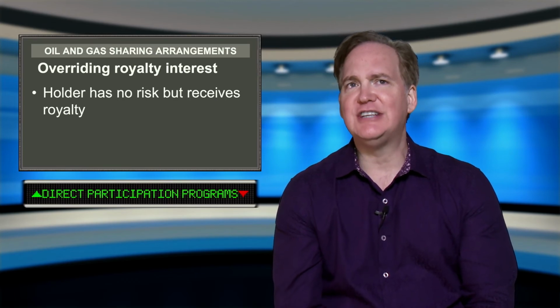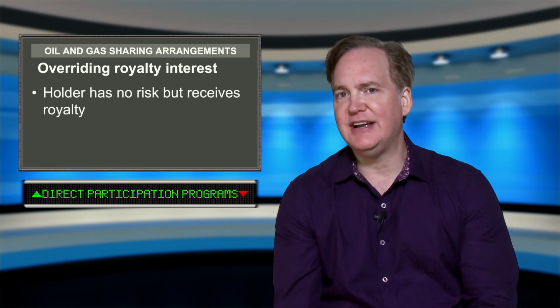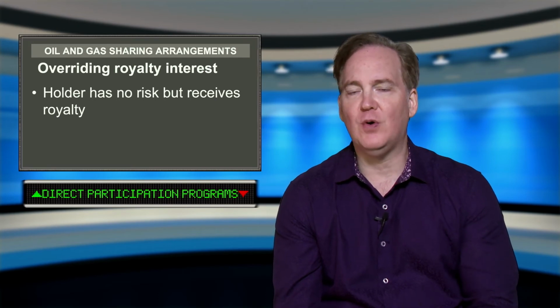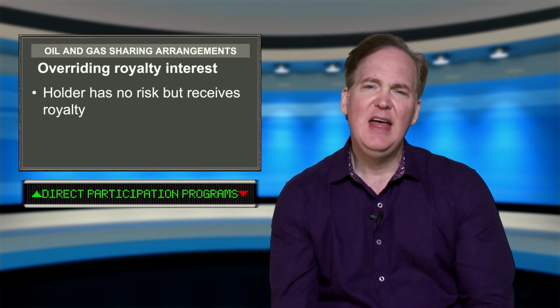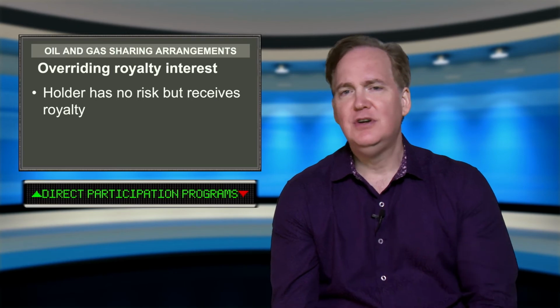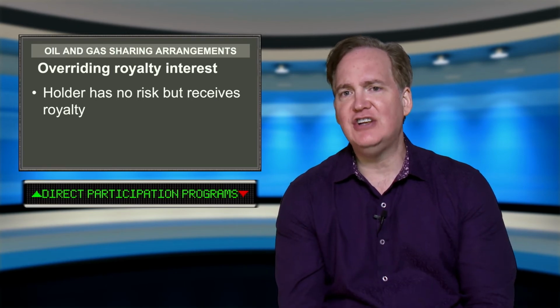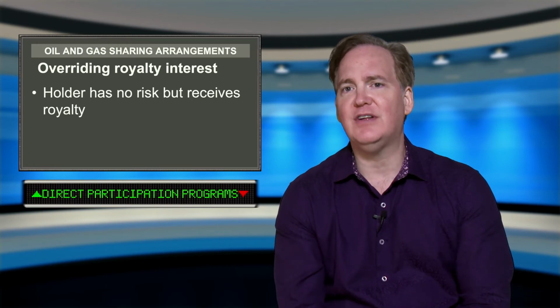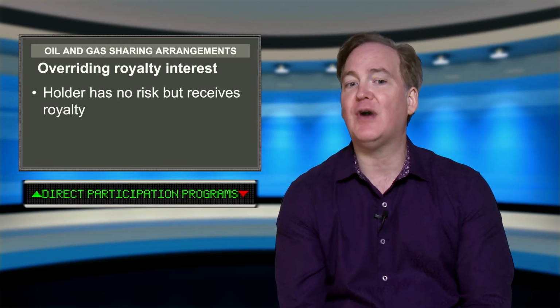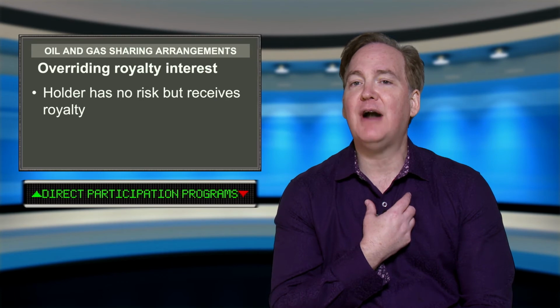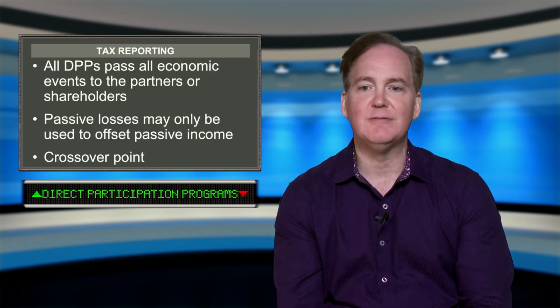The landowner says, well, I have no interest in drilling for oil or gas on my property, but I will let you drill on the back 40, and in exchange, I want a 5% royalty on whatever it is you pull from the ground on my property. That would be an overriding royalty interest.